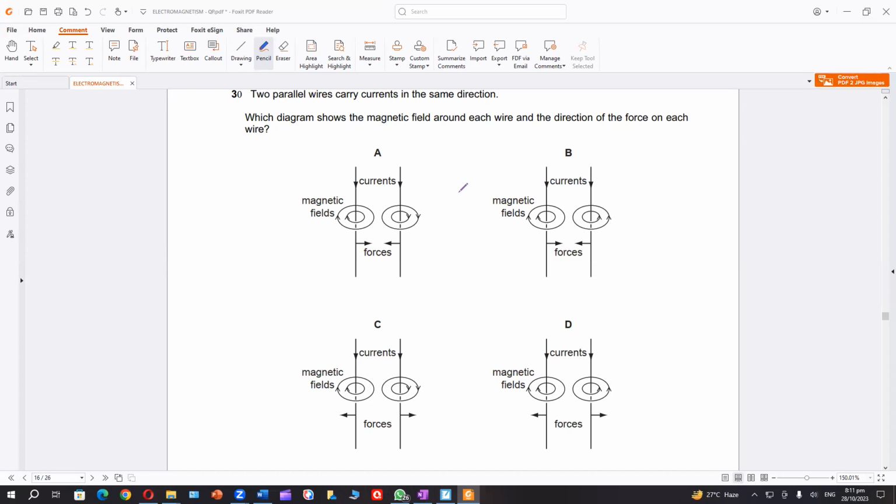Like currents attract each other. So option is either A or B. Other people should also answer. Option is A or B. A.